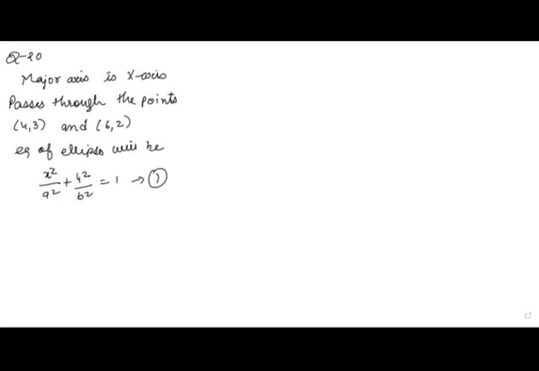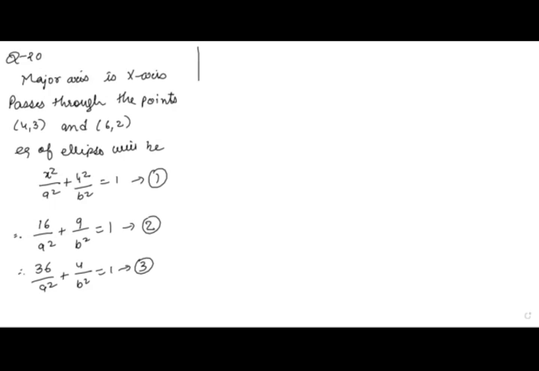Means I can give the value of x as 4 and the value of y as 3, and I can also give the value of x as 6 and y as 2. We'll get these two equations. Right.